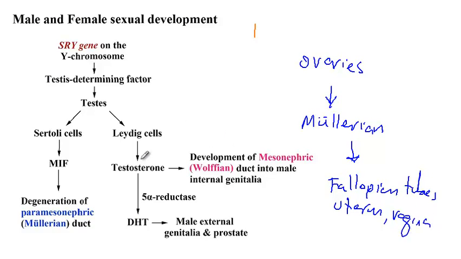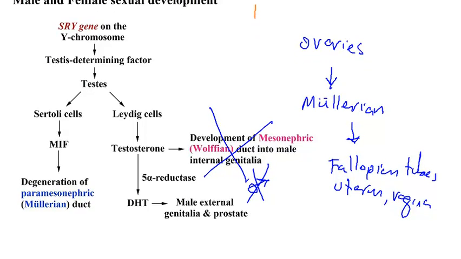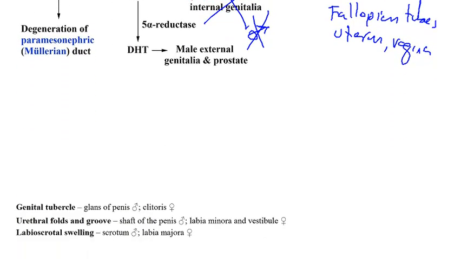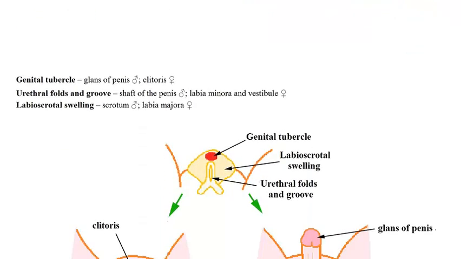And then since there was no testosterone, mesonephric or Wolffian ducts would have degenerated and no male organ would have been formed. All right. Now moving on to the next section, which is the male and female counterparts.